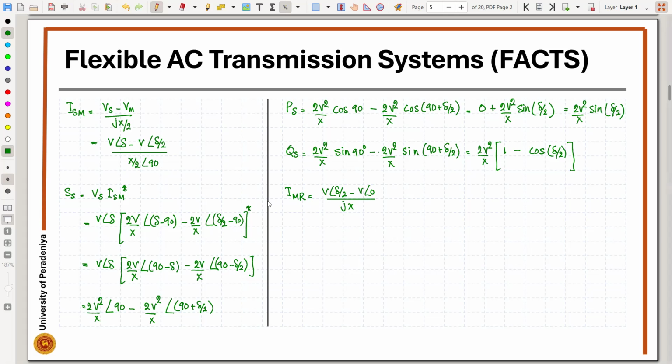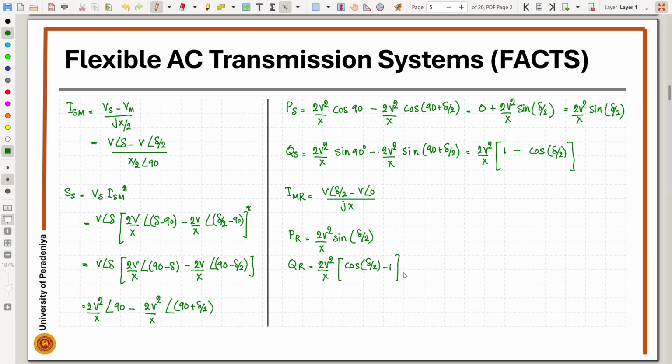And you can prove that the receiving end active power would be equal to 2V squared over X sine delta by 2, and the reactive power would be equal to 2V squared over X times (cos delta by 2 minus 1).